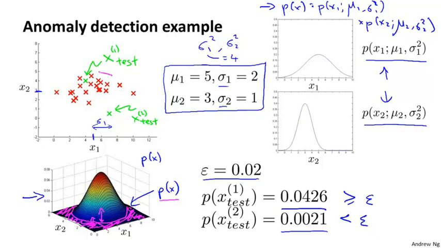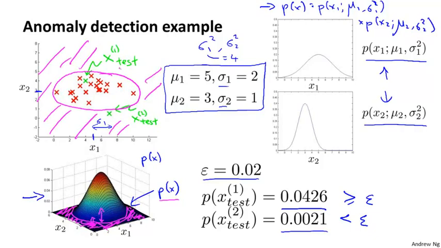So it's going to define some region that maybe looks like this, so that everything outside this it flags as anomalous, whereas the things inside this ellipse I just drew, it considers okay, non-anomalous examples. And so this example, x2 test, lies outside that region, so it has very small probability, and so we consider it an anomalous example.